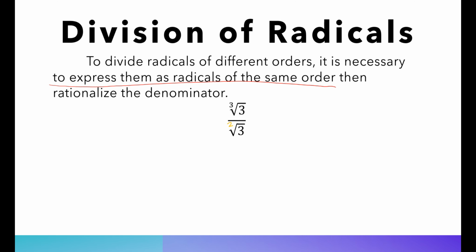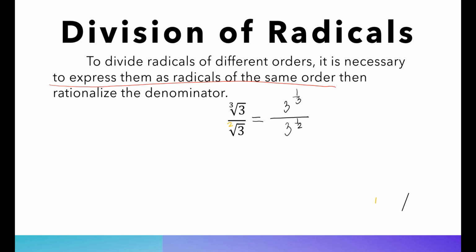And to do that, we should transform both the numerator and the denominator to their equivalent exponential expressions. The numerator, cube root of 3, is equal to the exponential expression 3 raised to 1/3, while the denominator, square root of 3, is equal to 3 raised to 1/2.